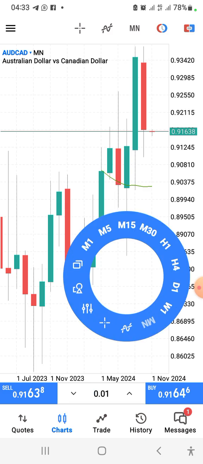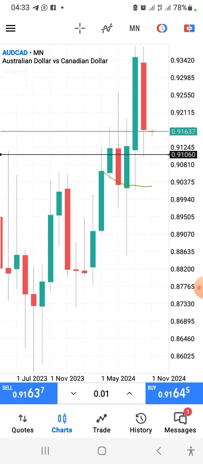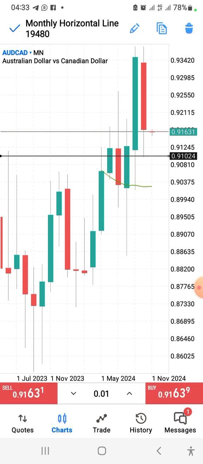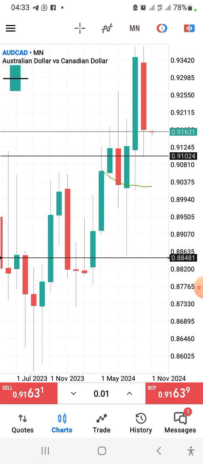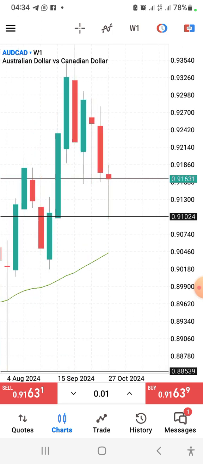So I'll just fix a line where we might want to buy. If I fix my line here, let's see if the market is coming back to test this area. So these are the areas I'm looking at if we are to buy.